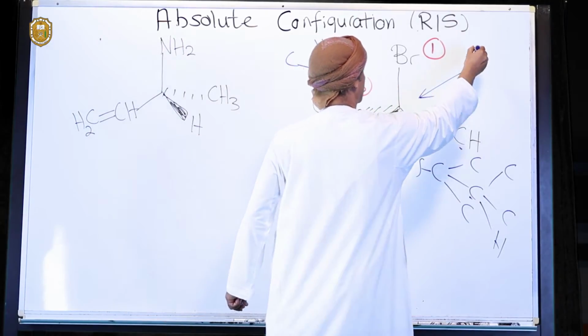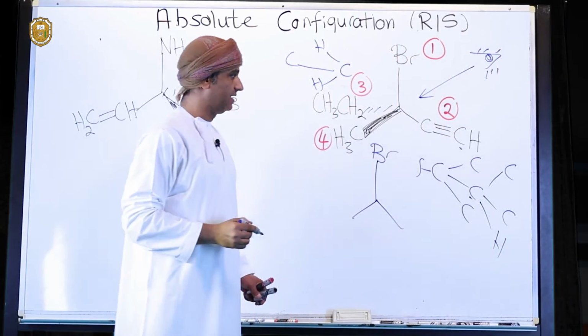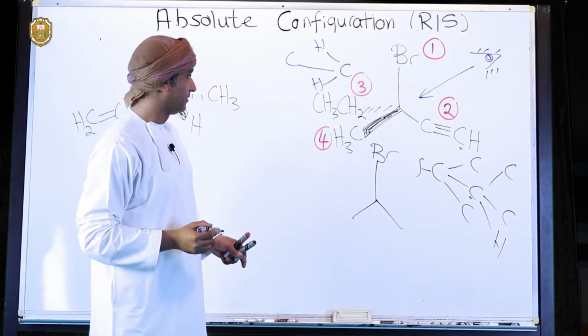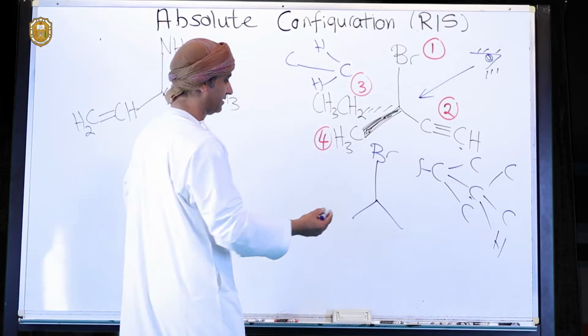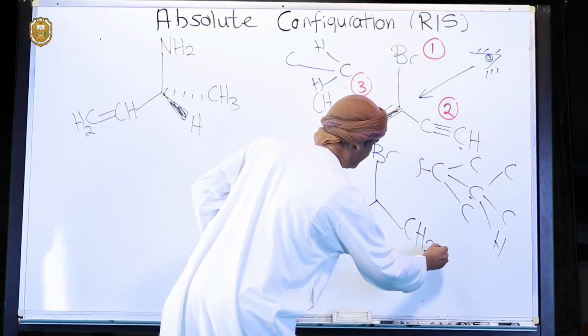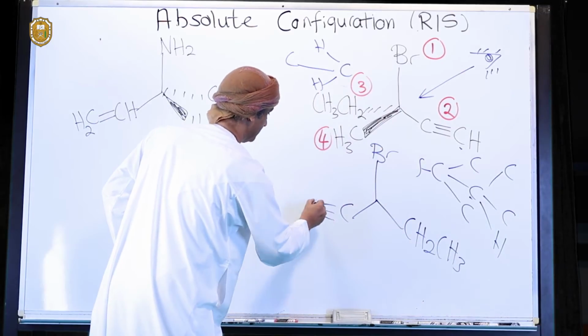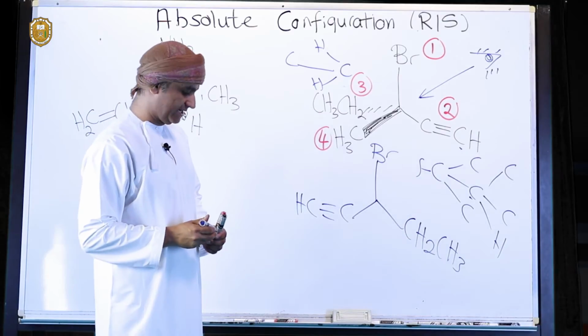We should look at the molecule always opposite to the lowest priority group. So Br up, the ethyl group on the right side, and the alkyne unit on the left side.